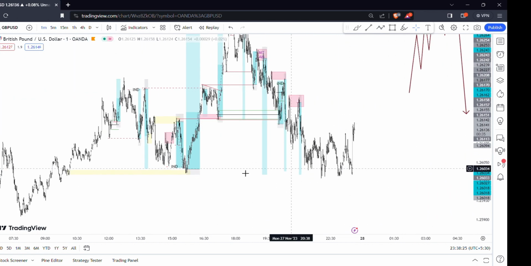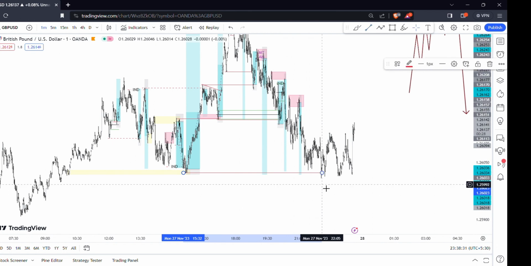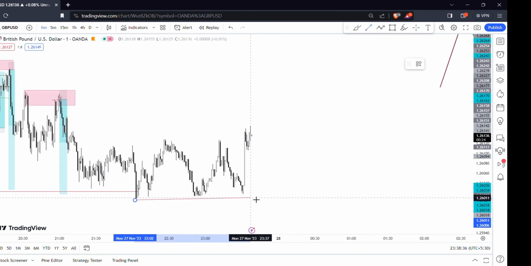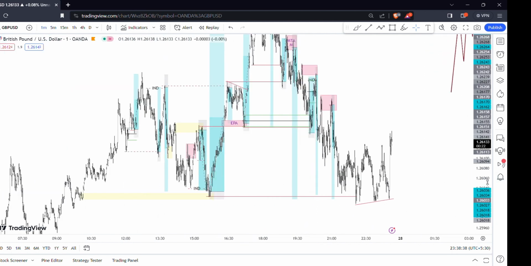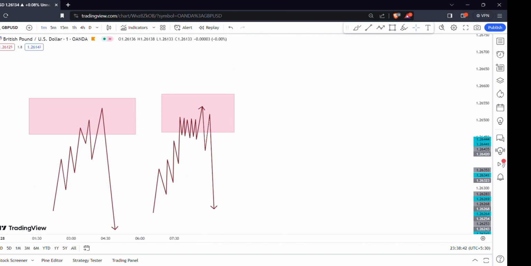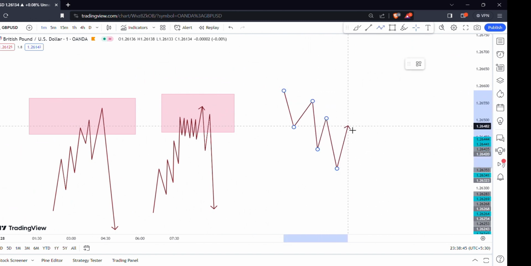If you ever wonder why the market is moving up, there is nothing crazy to it, because liquidity got taken out. Liquidity got taken out, and the market is again forming a similar pattern, right? This is live stuff I am showing, guys. Similar pattern. This is for the buy, and for the sells, similar pattern.